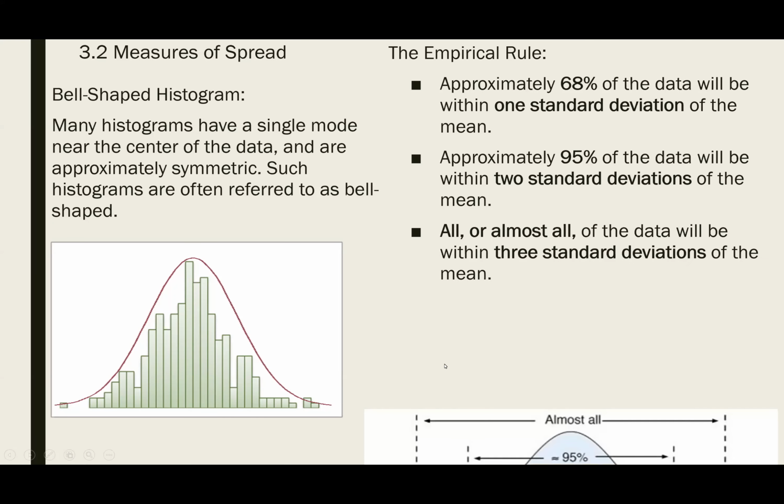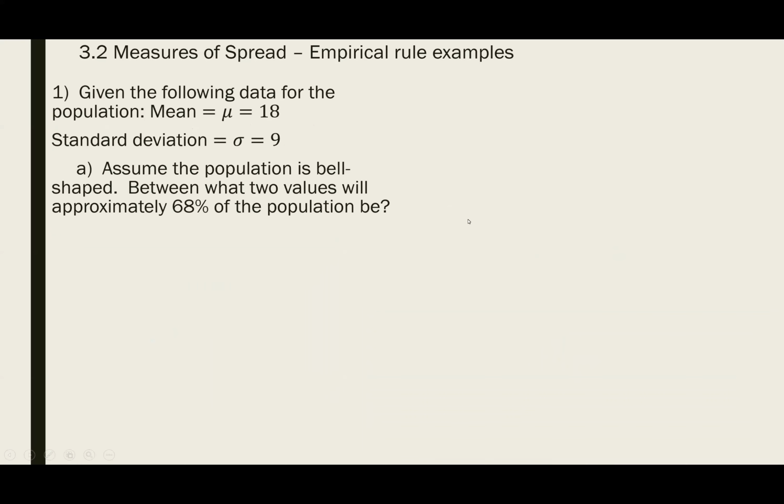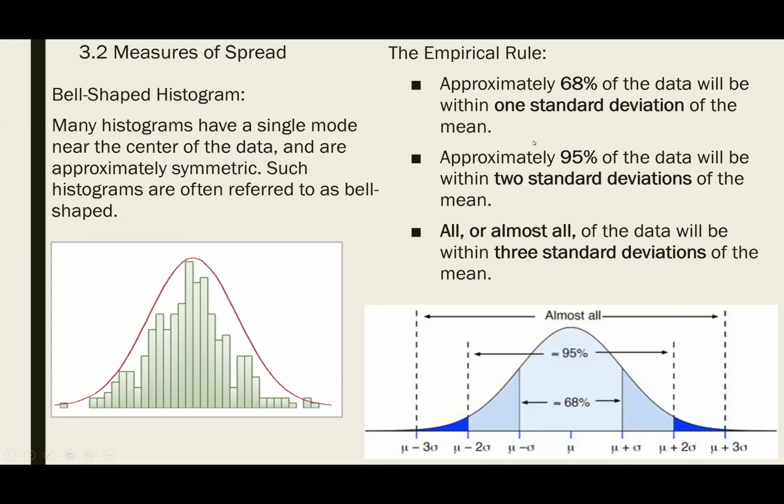The empirical rule tells you that if you have a bell-shaped curve, within one standard deviation, think about this: your mean is at the center of this item right here.